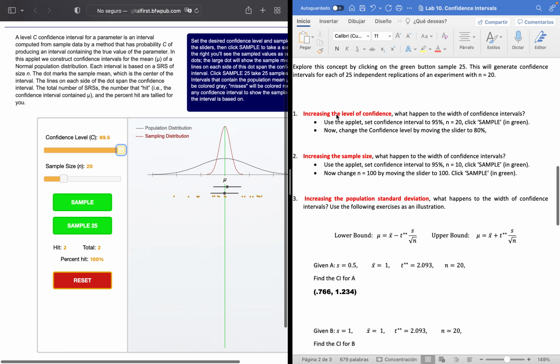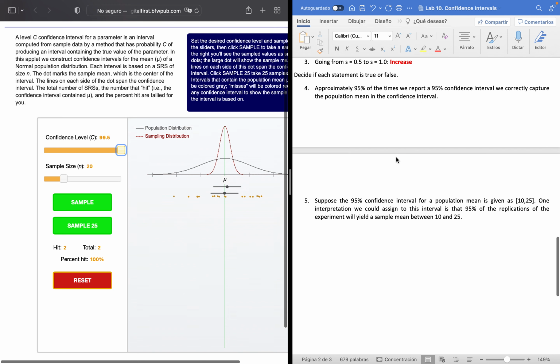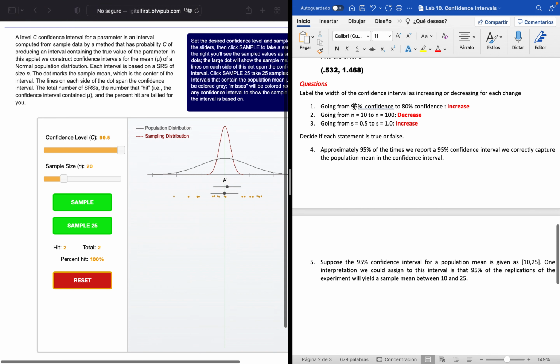Yeah, I'm sorry, I got confused because it says increasing here, but we're going from 95 to 80%. So that's why, but here we are not increasing, we are decreasing from 95 to 80%. I'm sorry. So when you decrease the level of confidence, the width of the interval decreases. I'm sorry for that. And you can verify this. We decrease the level here on the left, we decrease the interval.